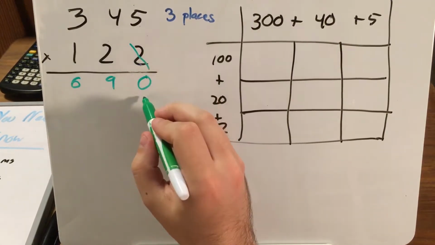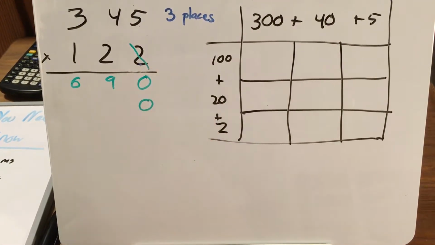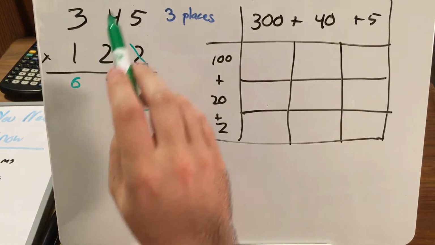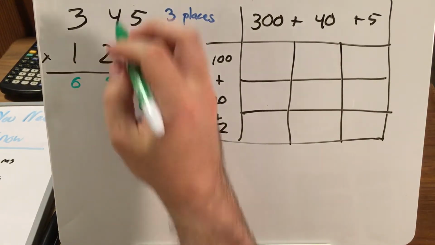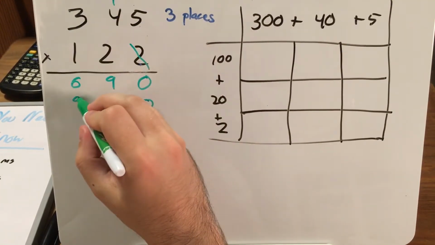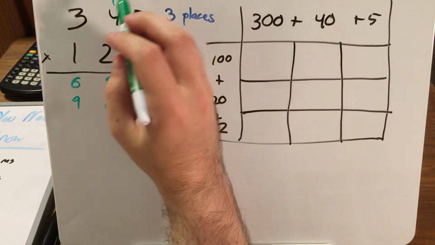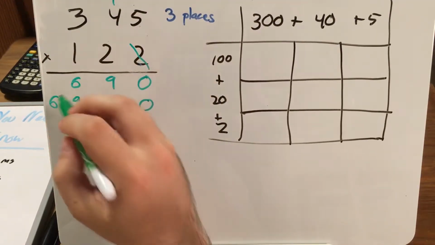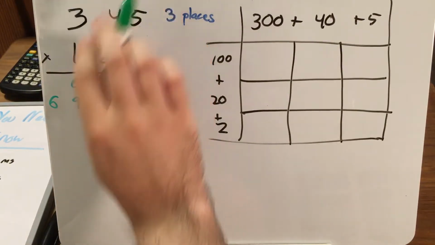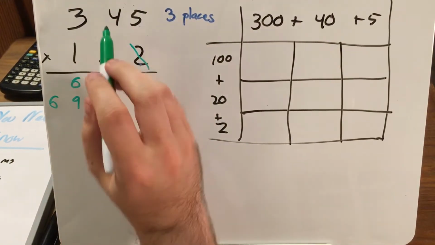So now I'm done with my ones place. I put a 0 down to replace that, because now I'm looking just at my tens place, and it's like I'm multiplying by 20. 2 times 5 is 10. Here's my 0, here's my 1. 2 times 4 is 8, plus 1 is 9. And then 2 times 3 is 6. So this number here is like I just multiplied 345 by 20 to get 6,900.